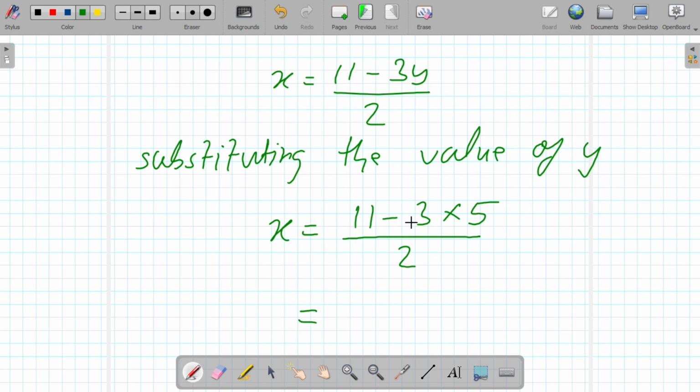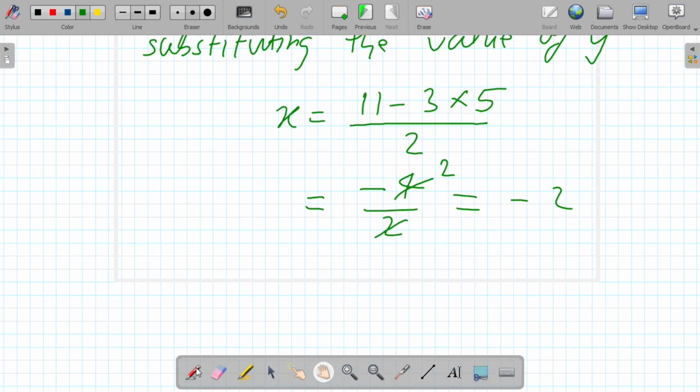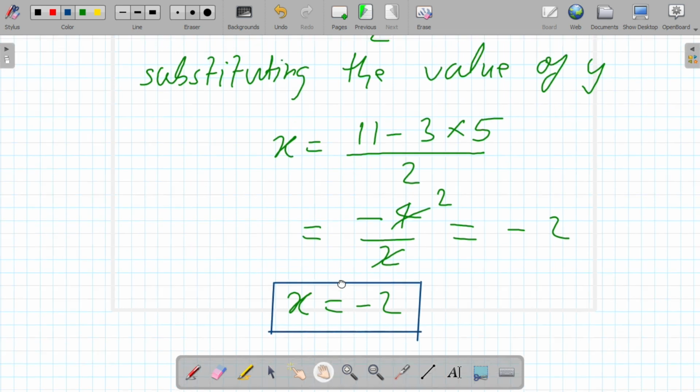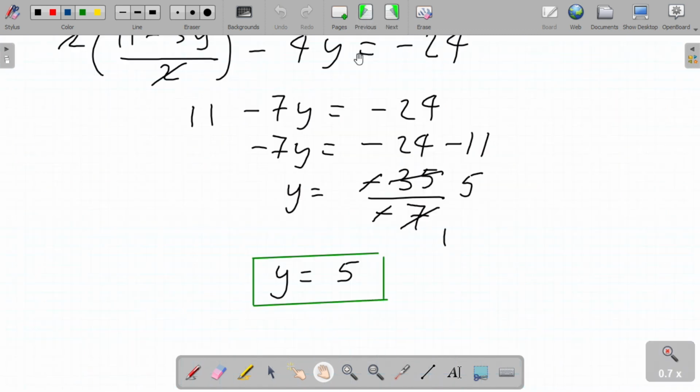So it will become 11 minus 3 into 5, that is 15, minus 15 and 11 will be minus 4. This will be upon 2. It will become minus 2 after cancelling out. So x is equal to minus 2. We found x equals minus 2 and y equals 5.